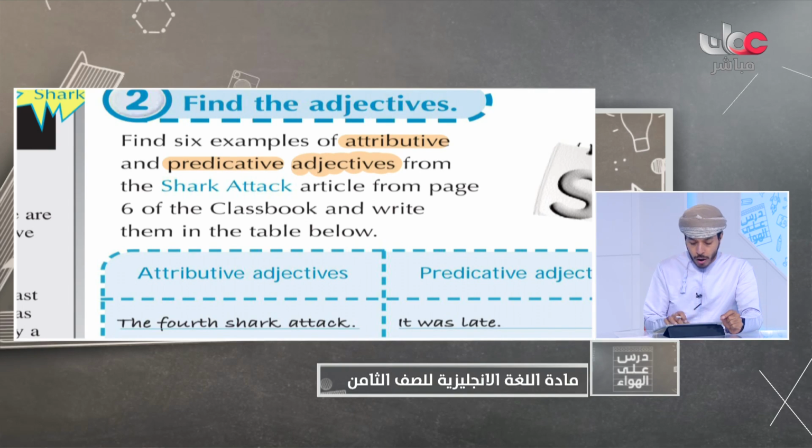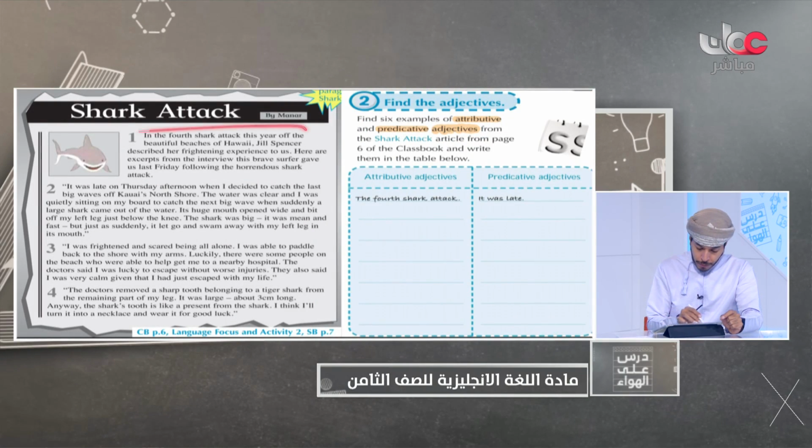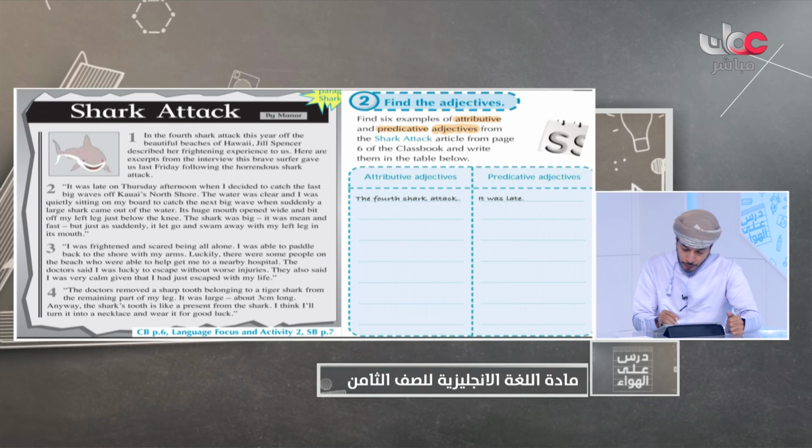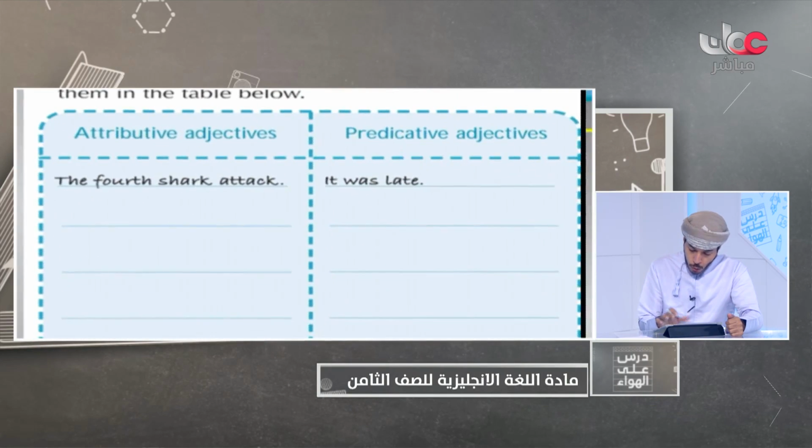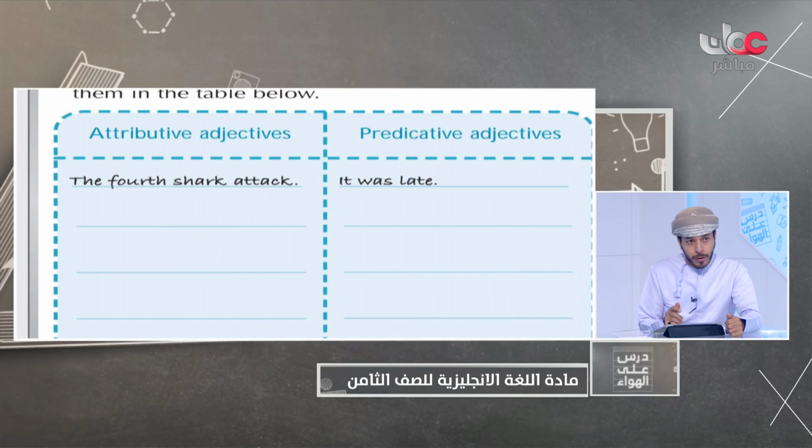Good. So we are going to read this text, which was written by Manar, and we will try to find some attributive and predictive adjectives from page 6 of your class book. Write them here, and you will find a table like this. You will find the first column attributive adjectives, and we have the predictive adjectives.